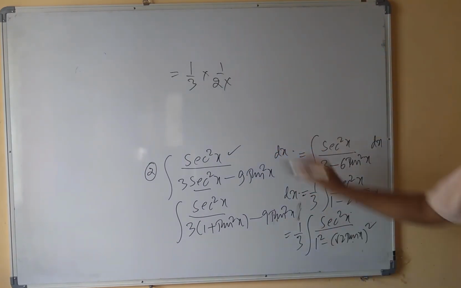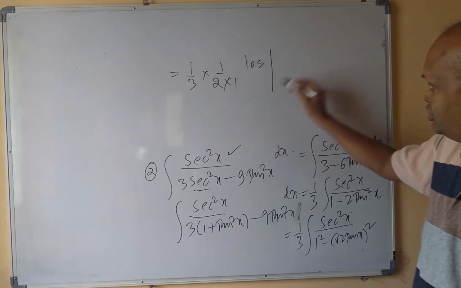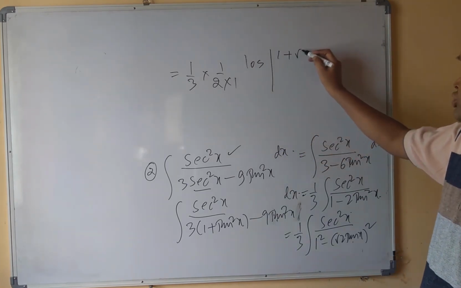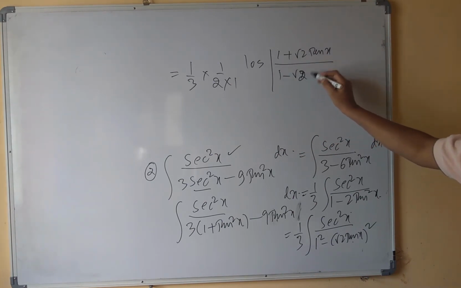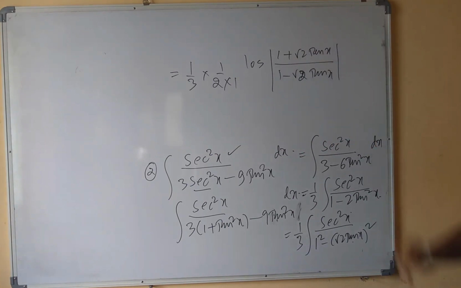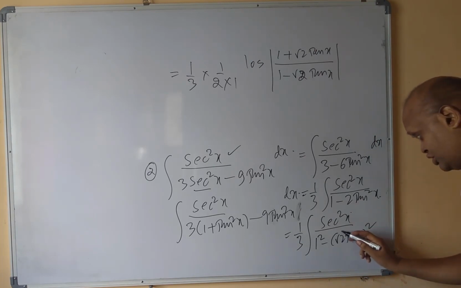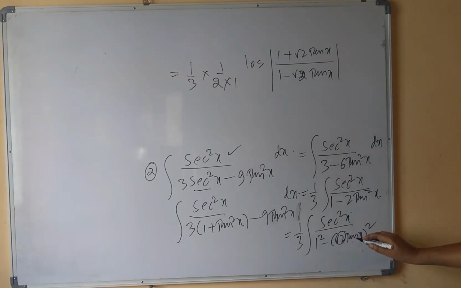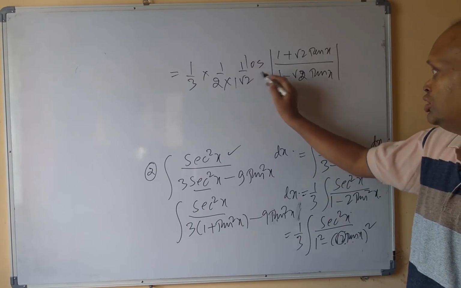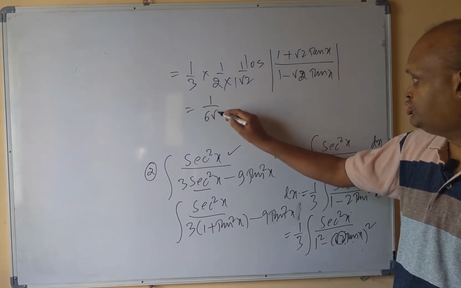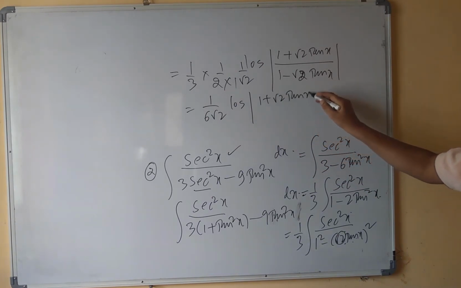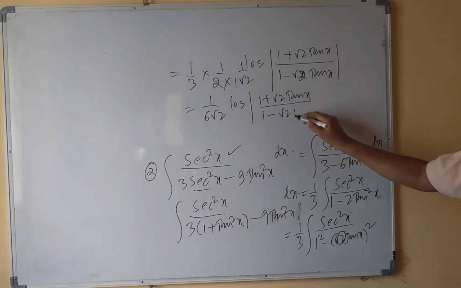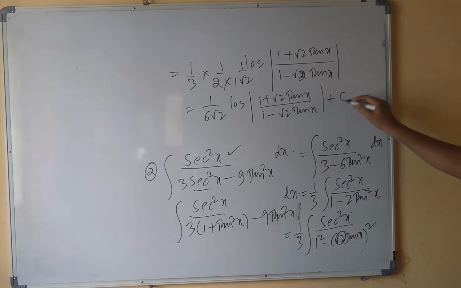A square is 1, so log of (1 plus root 2 tan x) divided by (1 minus root 2 tan x), into, very important, the coefficient of tan x, root 2, that should be divided. So what is your answer? 1 by 6 root 2 log of (1 plus root 2 tan x) divided by (1 minus root 2 tan x) plus c.